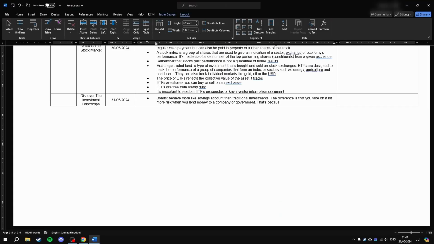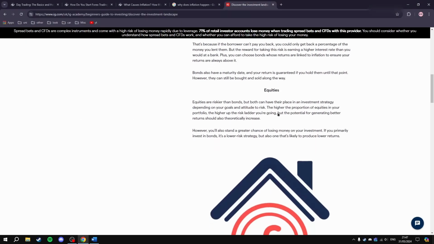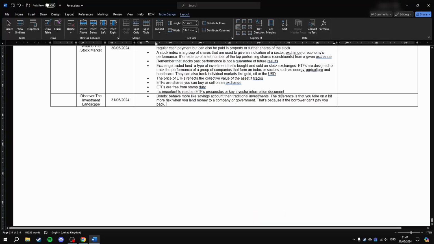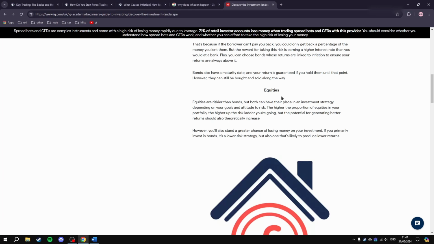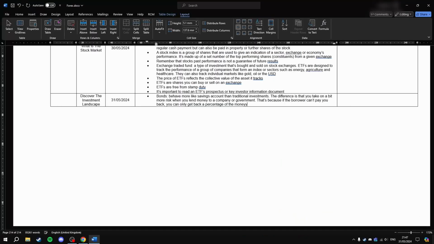That's because if the borrower can't pay you back, you can only get back a percentage of the money you lent them.